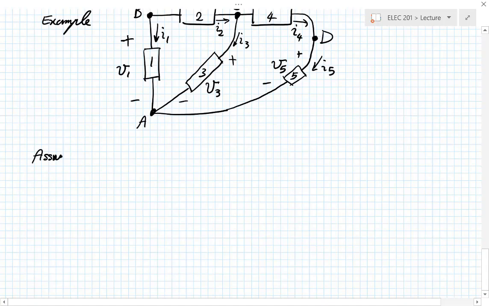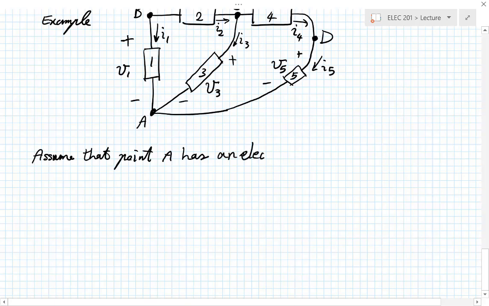Assume that point A has an electric potential of, let's call it V sub A. Okay?